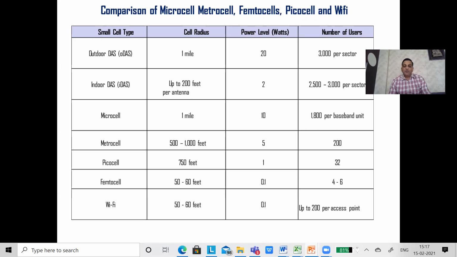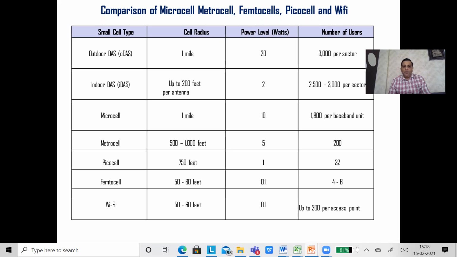While outdoor DAS is used for outdoor facilities such as university campuses, resorts, remote areas, urban clusters, tunnels, and so on, indoor DAS is more common and is used to enhance coverage for indoor facilities such as buildings, malls, stadiums, public halls, and so on. So indoor DAS is the most common type of distributed antenna system and it is most widely used.